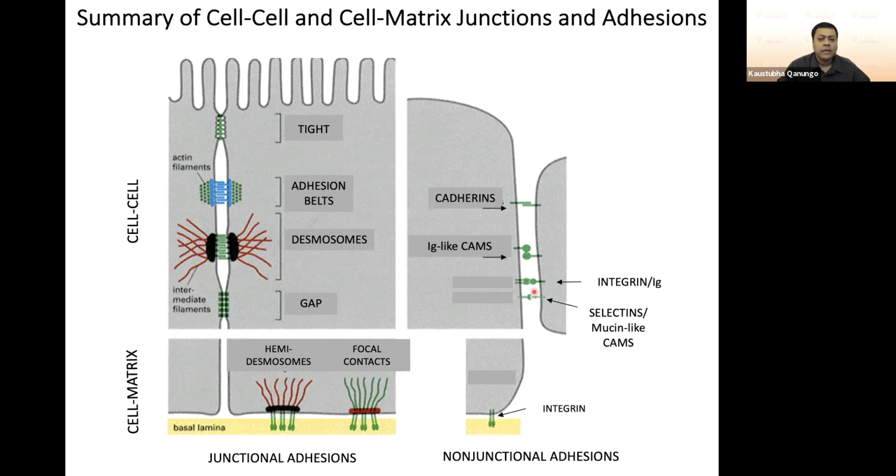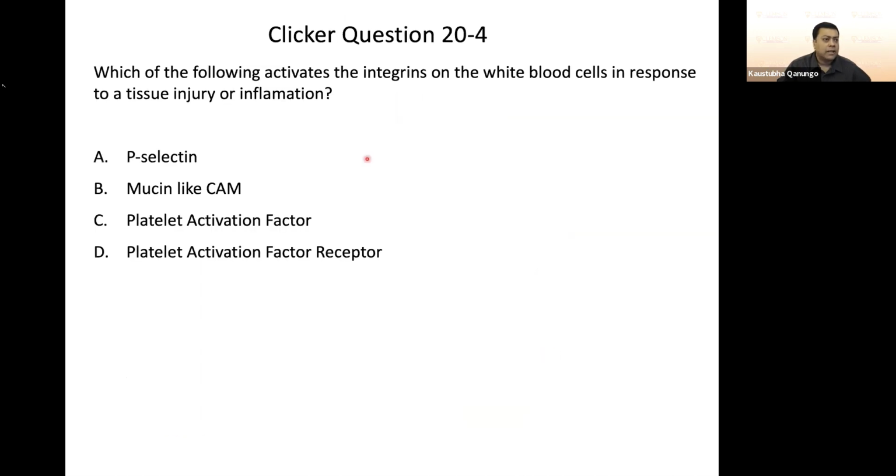You can have the cadherin, which has homophilic interactions. Ig-like CAM can also have homophilic interactions. Integrin and Ig have heterophilic interactions. And we just saw the selectin and mucin-like CAM, the two heterophilic interactions. So that's pretty much all of the chapter, I guess.